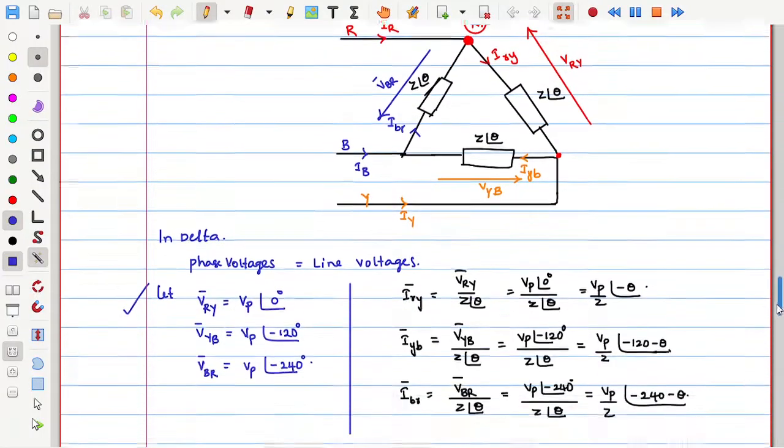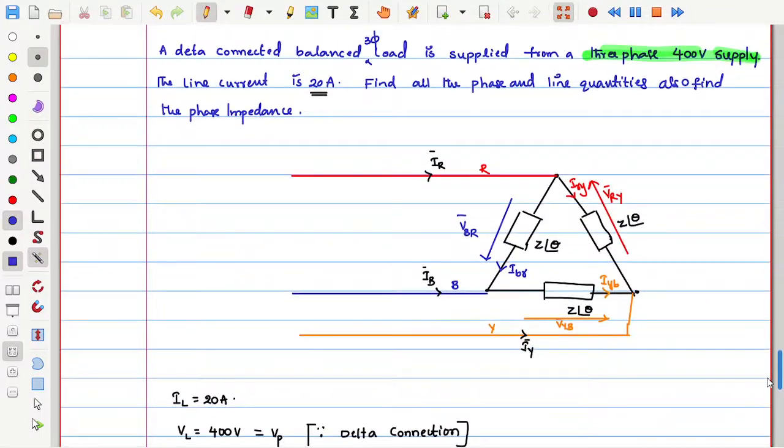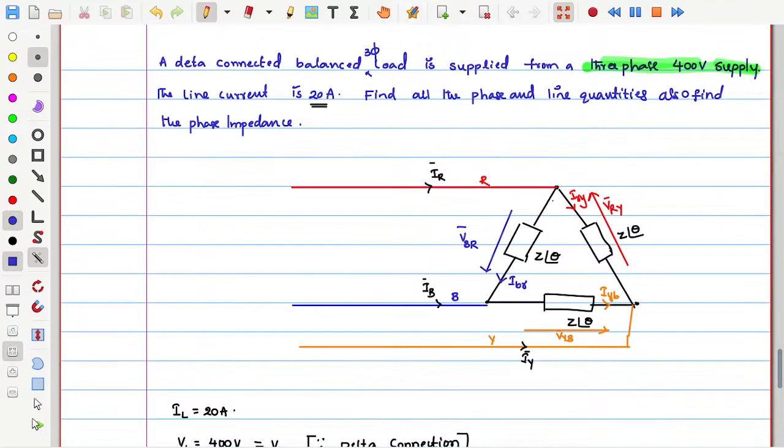So this current direction is correct, but here I should change the direction. This current direction will be opposite, and this one also opposite. For the load, wherever the arrowhead is, that side the current should enter.